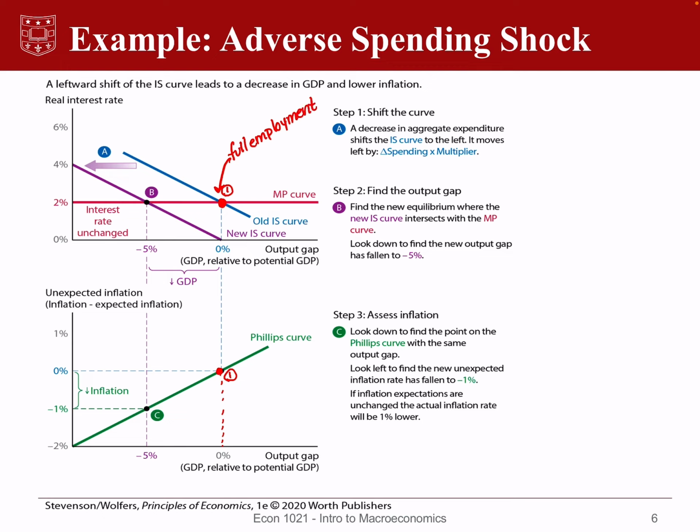Cyclical unemployment is 0, and the actual level of unemployment is the level of frictional plus structural. Again, in the textbook, this is what they refer to as the equilibrium unemployment rate.